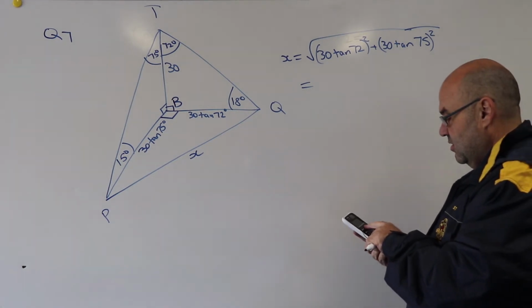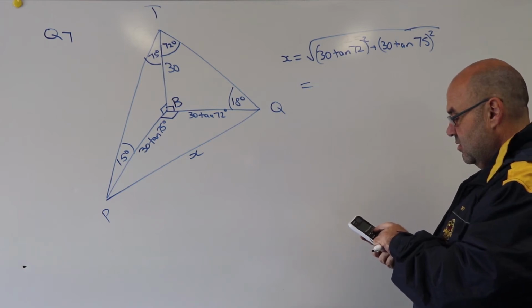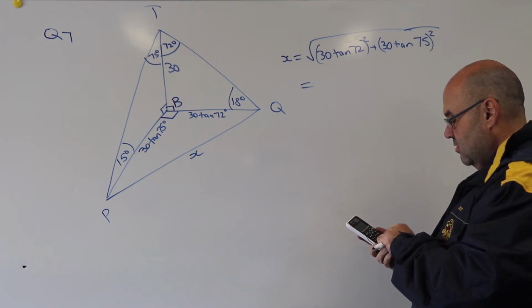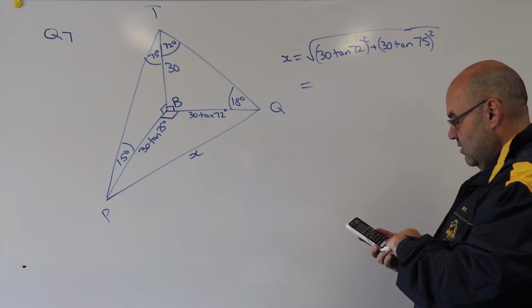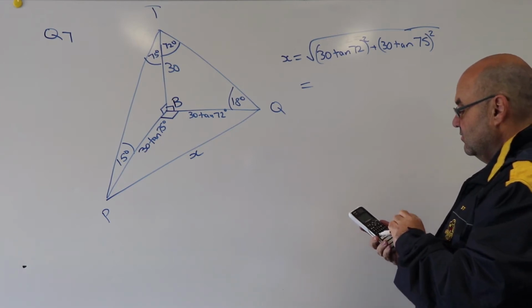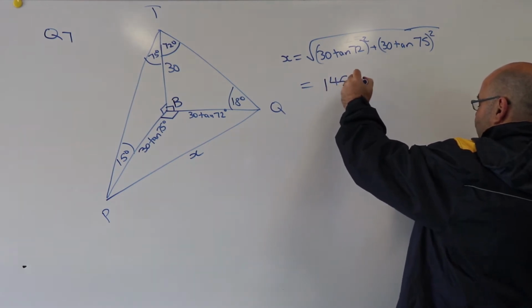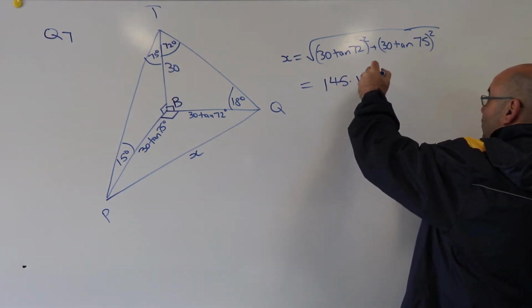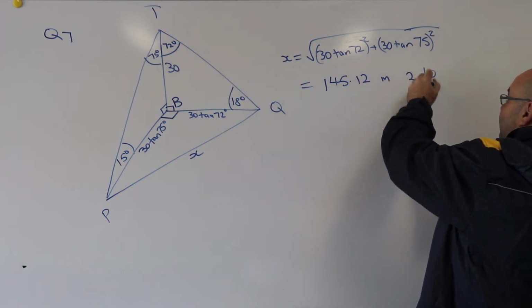Oopsie days. Okay, so we get 145.12 metres to 2 decimal places.